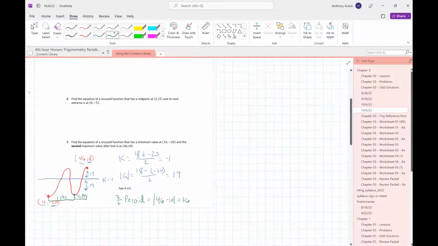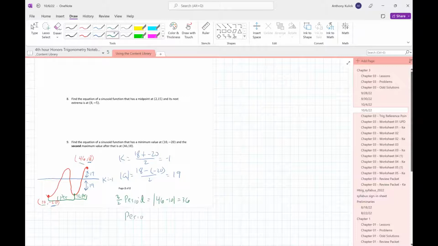So if I multiply, oops, that's not how you spell period, Mr. Kulik, if I multiply both sides by 2/3, I get the period is 24. To solve for c, then c is going to be 12/pi or -12/pi. Is that okay?